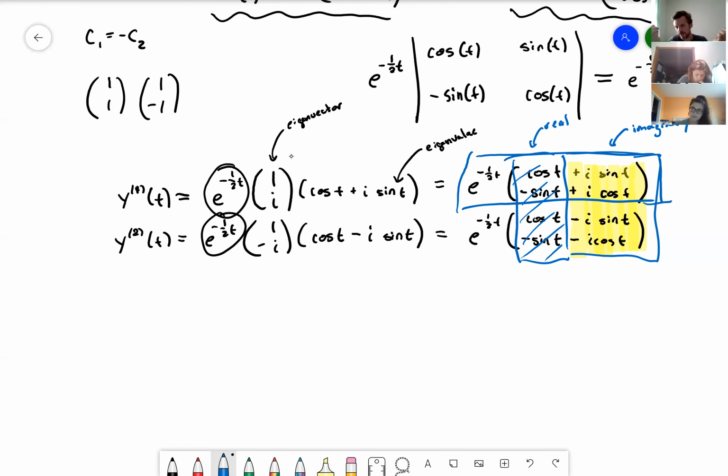That gives us conjugate pairs of eigenvalues, which gives us corresponding conjugate pairs of eigenvectors. And so this kind of math always works out. We can always cancel out the complex parts, and we can always cancel out the real parts in this way, so that we get solutions that are just the real part and just the imaginary part.